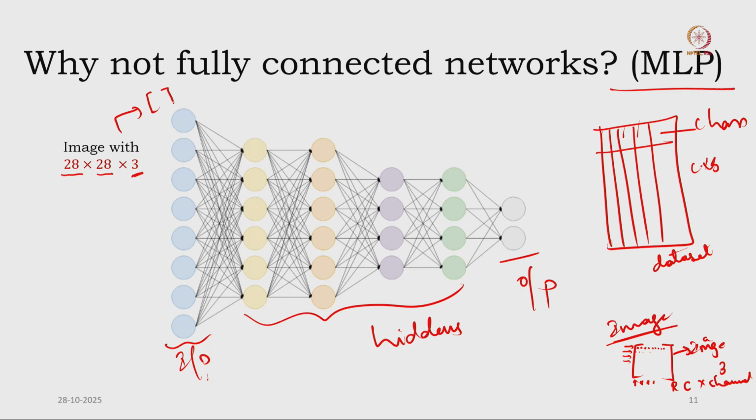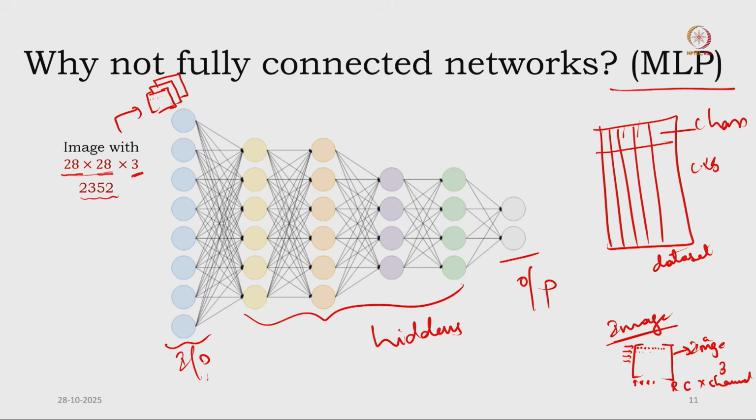We have 28 cross 28, this is a second 28 cross 28, and this is the third 28 cross 28. Each of these images is represented by pixels. So, here a pixel is a feature for an image. If you look at 28 times 28 times 3, the value is 2352. So, which means we will have 2352 inputs for this neural network.